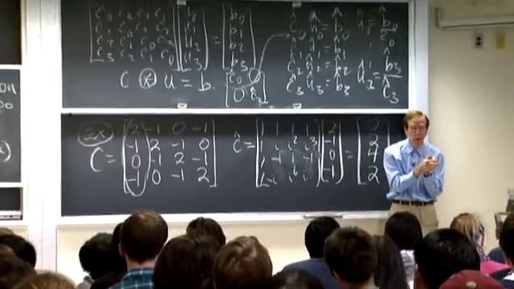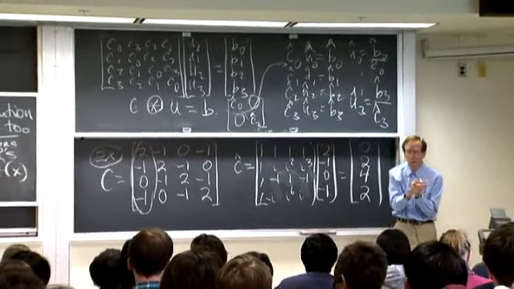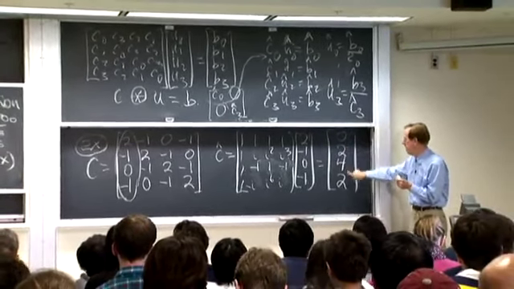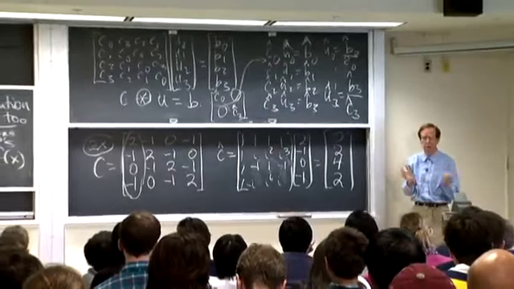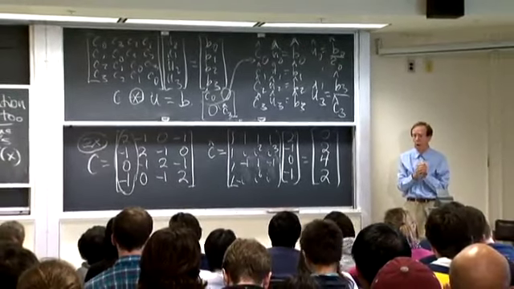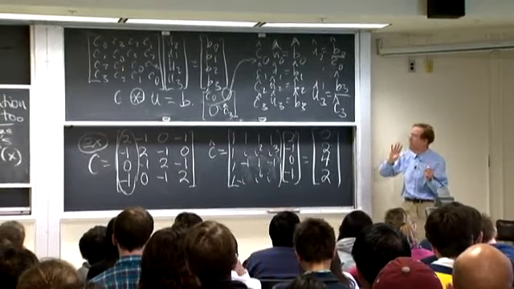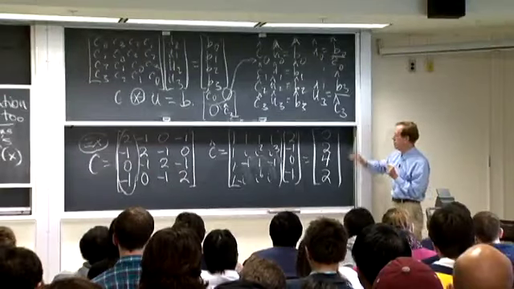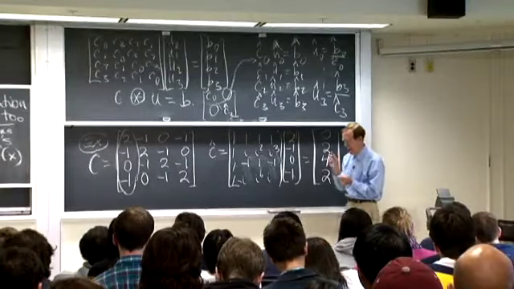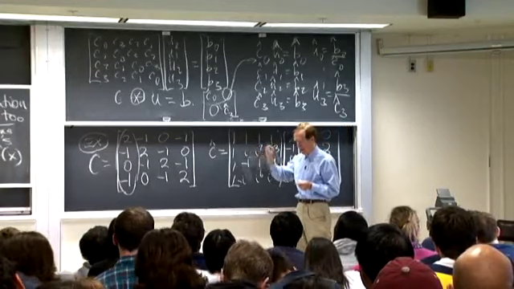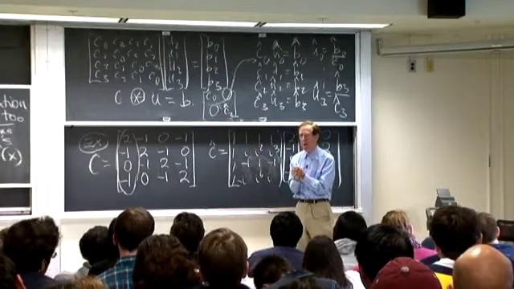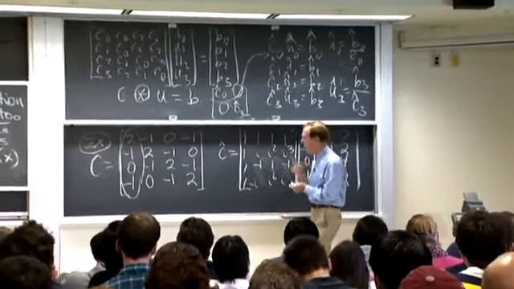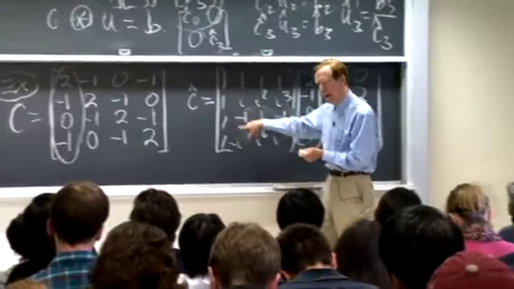What do I need with these c's, C0, C1, C2, and C3, for my solution to be possible? I need b0 hat equals 0. And what does that say? That means that the vector b has no constant term in the Fourier series. It means that the vector b is orthogonal to the 1, 1, 1, 1 eigenvector.